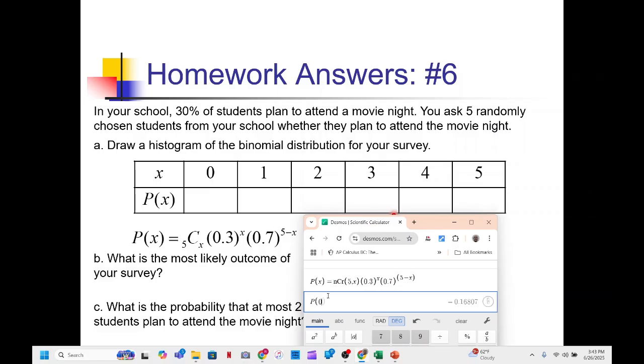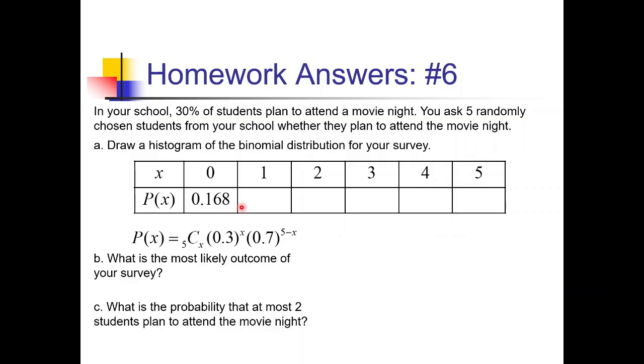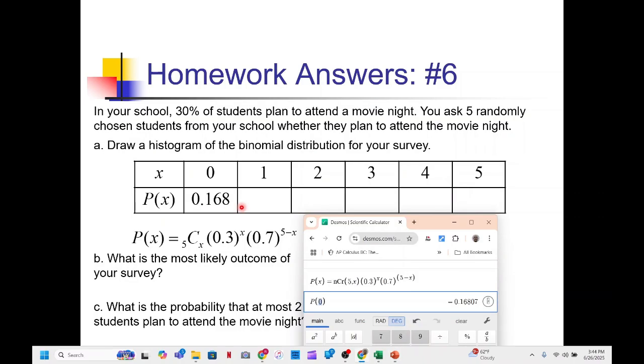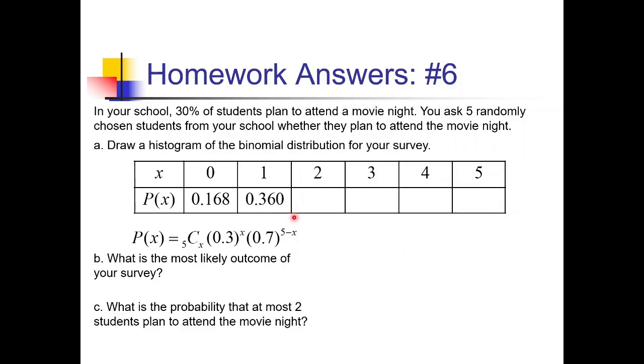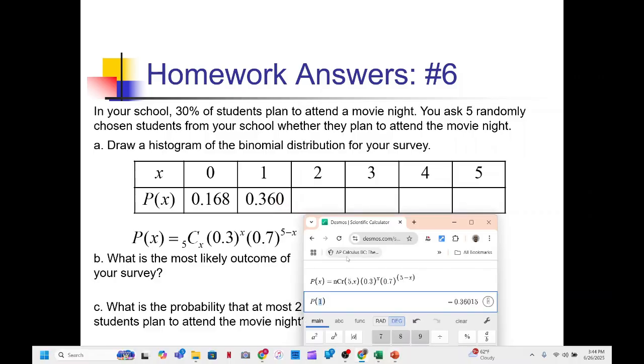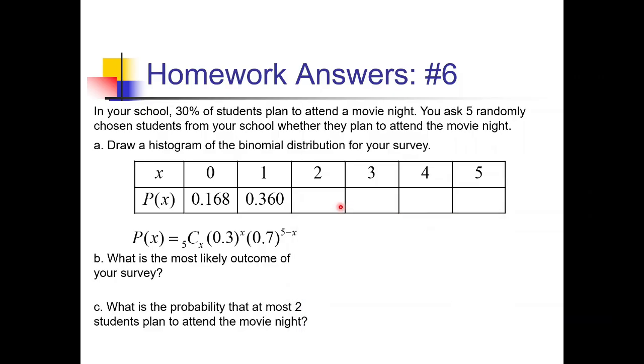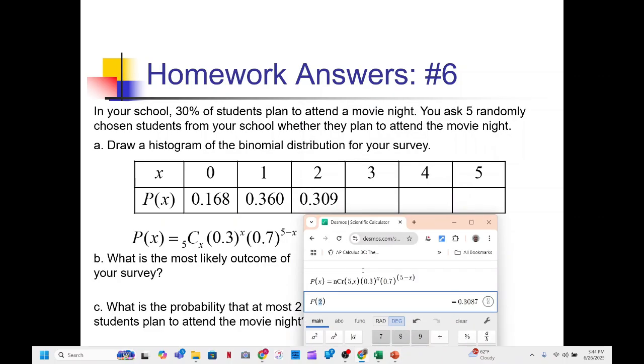So we got P of 0, first of all. That's 0.168. Next, let's plug in 1. That gives us 0.360. Now let's do 2. That's giving us 0.309. Next we have 3.